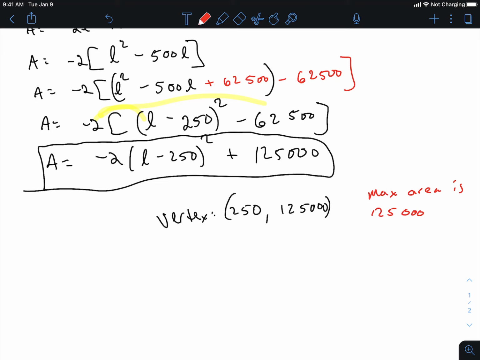What is it, meters? Meters squared. What's the length dimension that satisfies that? What is L such that the area equals 125,000?